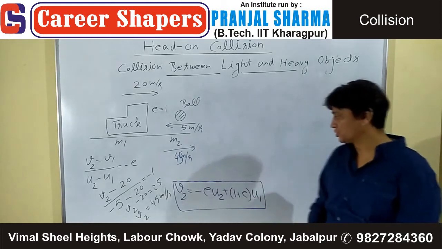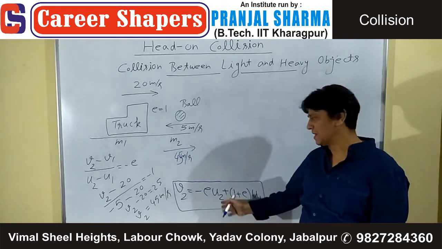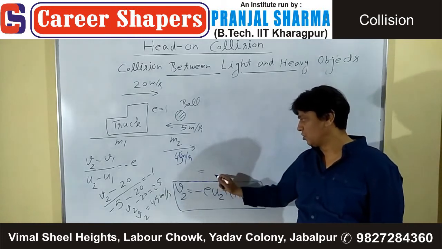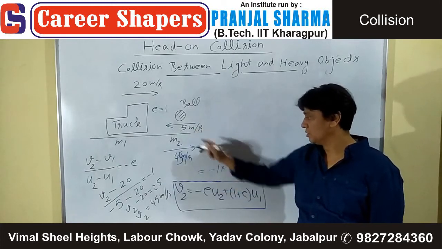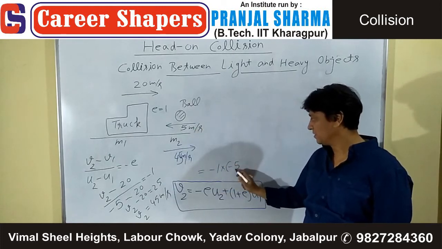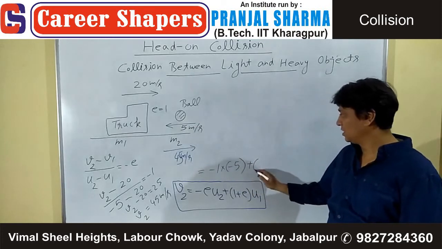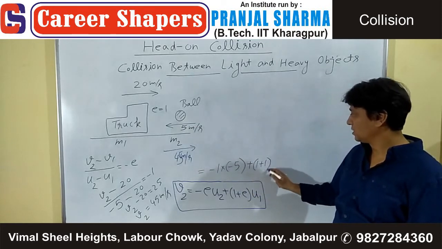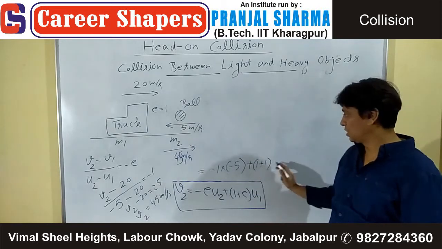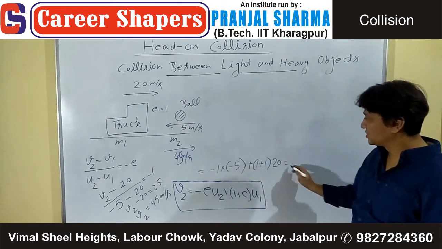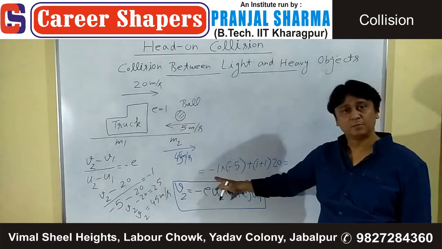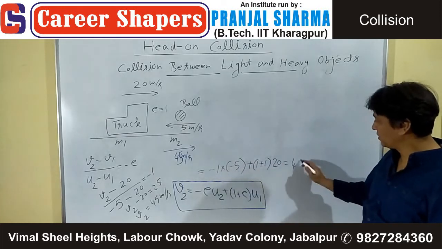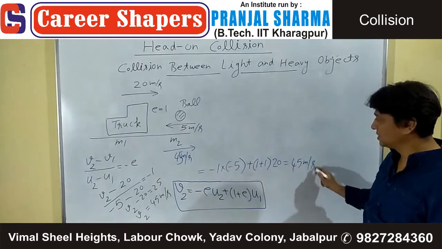Now, if somebody wants to use this result, if you remember this result, then you can go for it: minus e U2 plus 1 plus e U1, which is what? 20. You can see that 20, this is coming 40 plus 5, that's coming 45 meters per second.